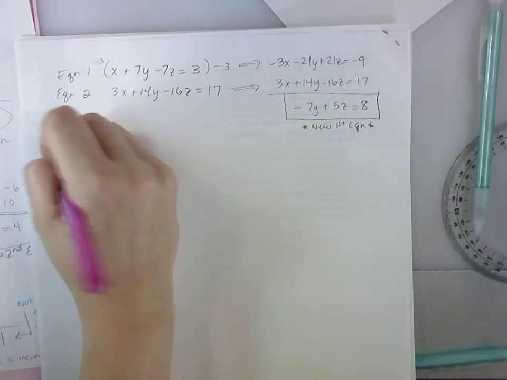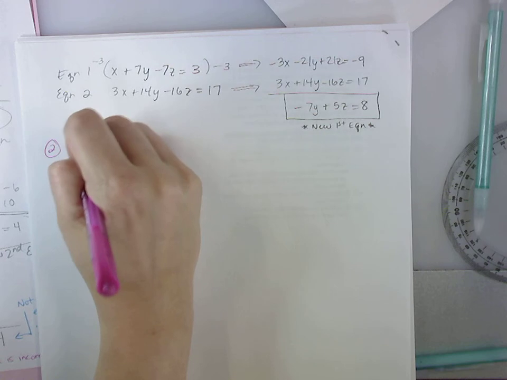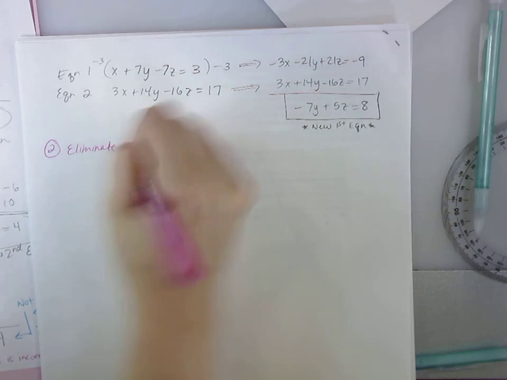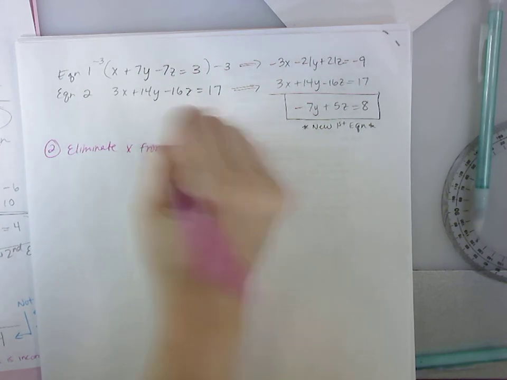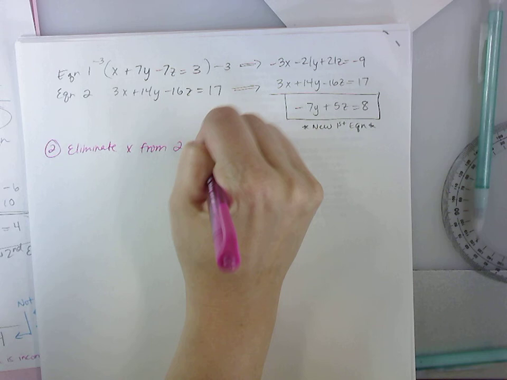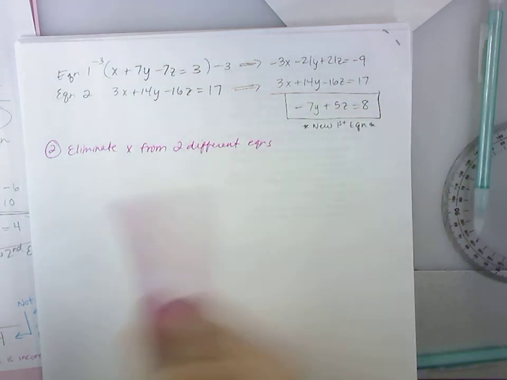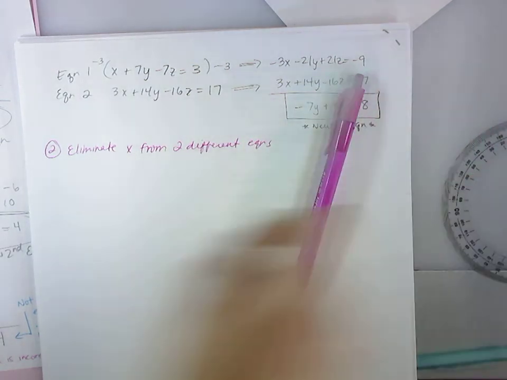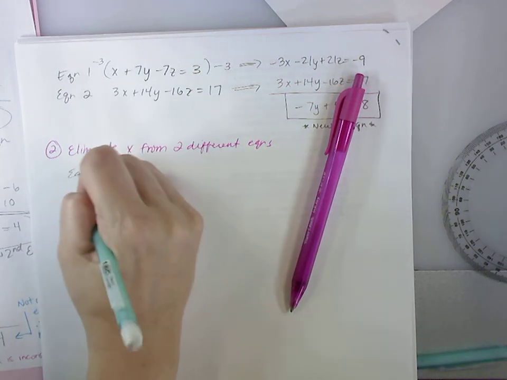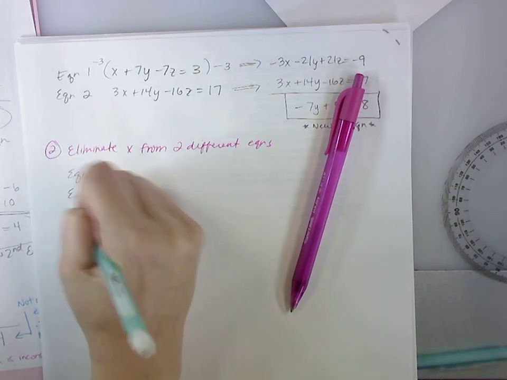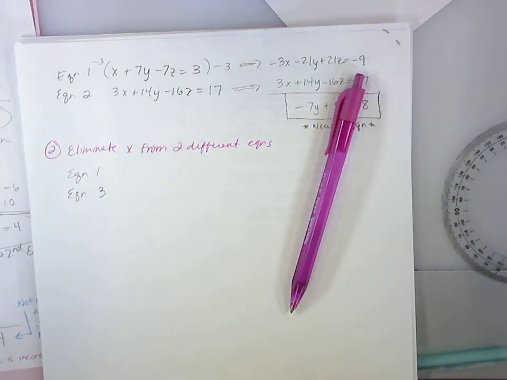And then step 2 is going to be to eliminate x from two different equations. So you can't use 1 and 2 again. You have to use any two different ones. So I do 1 and 3. Okay, so see if you can do that with equation 1 and 3.